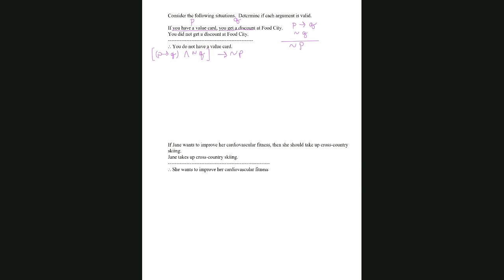All right. So I know that I need a P and a Q. I know that I need a not P and not Q. I know that I need an if P then Q. And I know that I need an if P then Q and a not Q. And then I need the last conditional statement, which I'm just going to let an arrow represent so I don't have to write all that out.